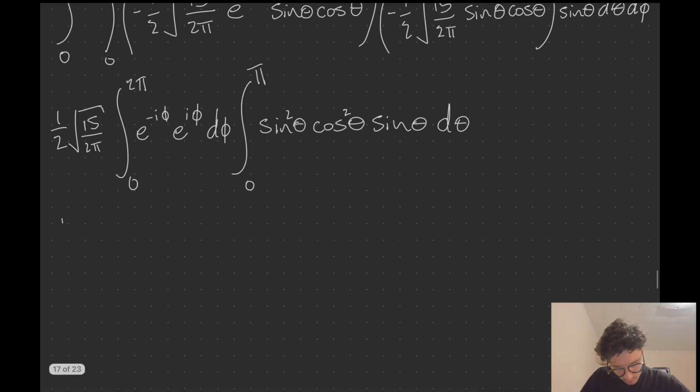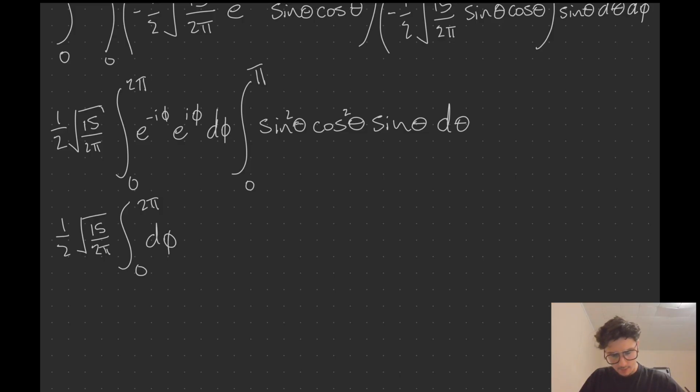Okay, so we have 1 over 2 square root 15 over 2 pi, 0 to 2 pi of just d phi. And what we saw before was this was just 2 pi. So 1 over 2 square root 15, 2 pi. And then here there is a 2 pi. Then here we had 0 to pi.